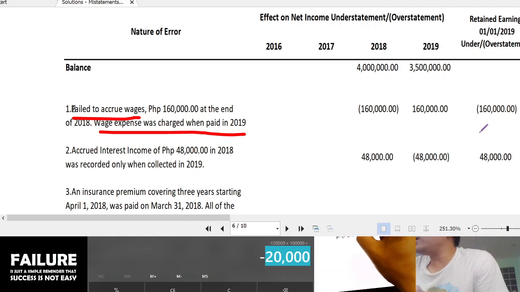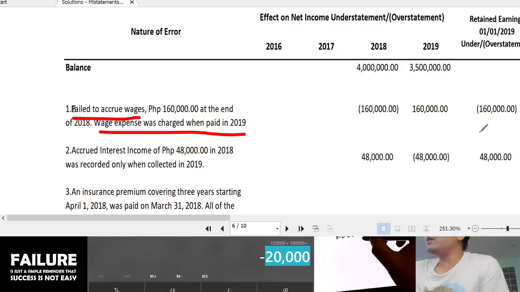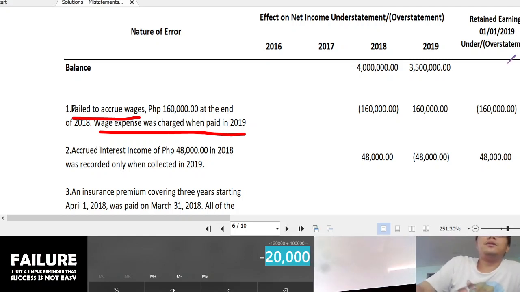Kulang ang expenses. So if kulang yung expenses natin, ano yung consequential effect? Sobra ang net income. Opposite effect yan siya. So, in 2018, ano yung nangyari?